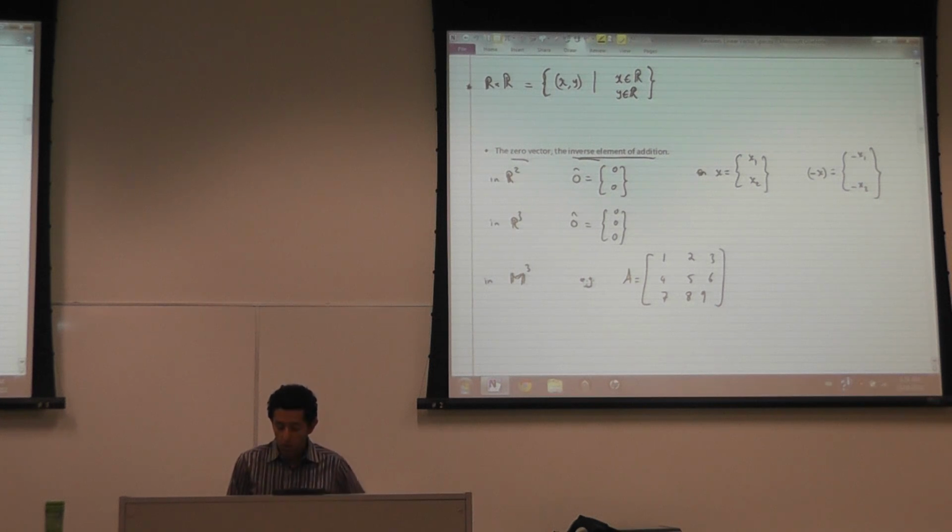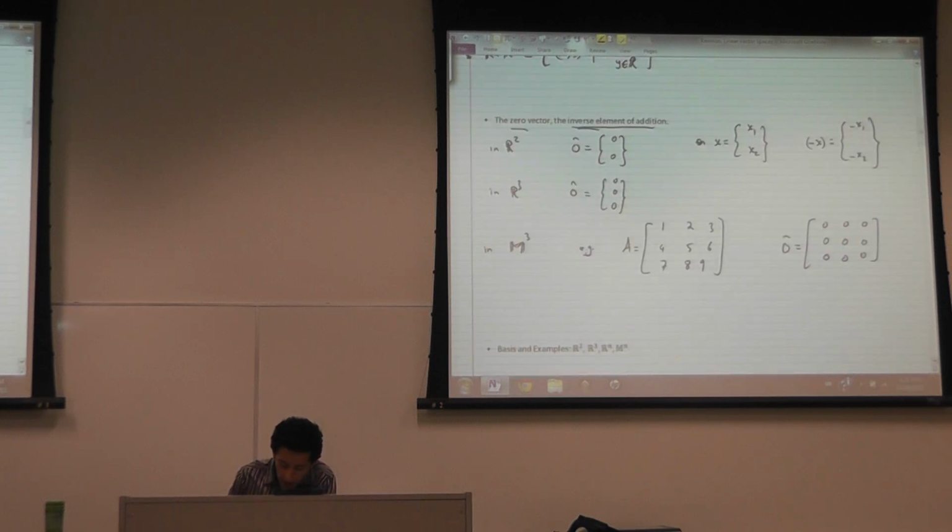There is a zero matrix, which is the zero vector in the space, made out of this. And negative A is the inverse element of addition of all these.